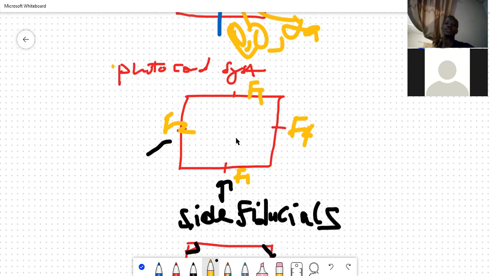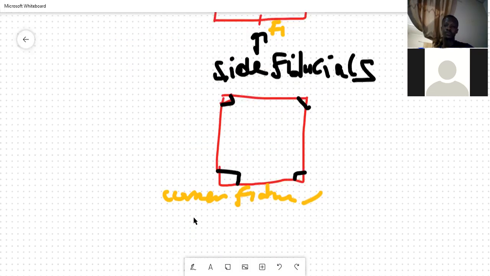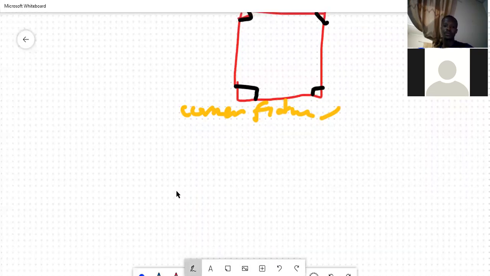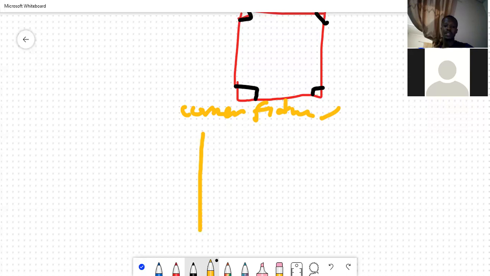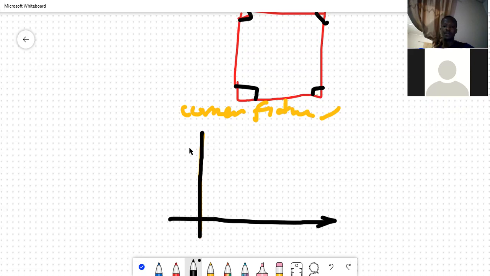The comparator coordinate system has an origin at the bottom left. So it's more like this. The comparator coordinate system, your X is like this, your Y is like that.